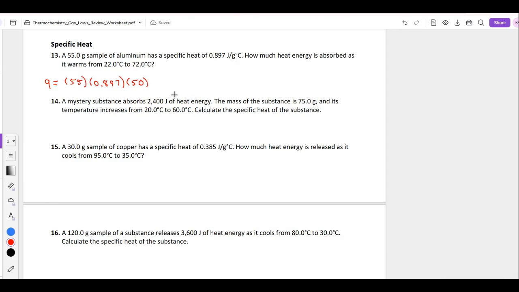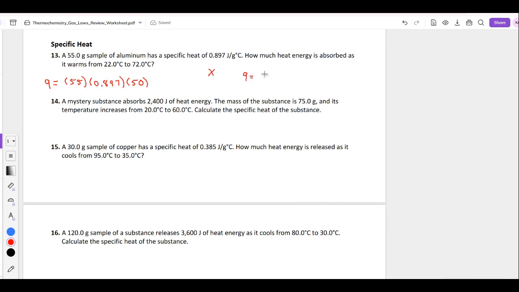All right, so now we've got all of our numbers. I'm going to dump that little calculator app, because I don't like that it goes away. And now all we're doing is this times that times that. And if you don't know what the button is for multiplication on a calculator, it looks like that. So 55 times 0.897, the specific heat of aluminum, times 50, our delta T, our change in temperature, equals Q. This is how much energy is in the aluminum.